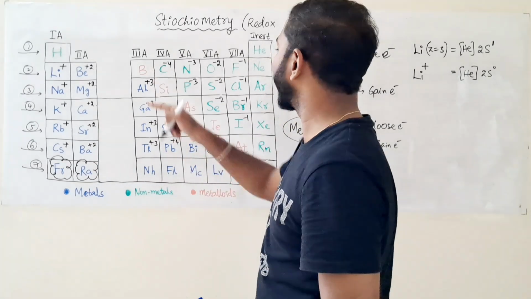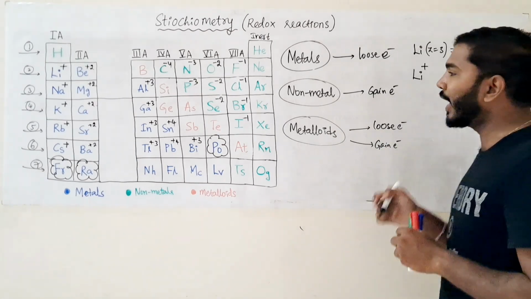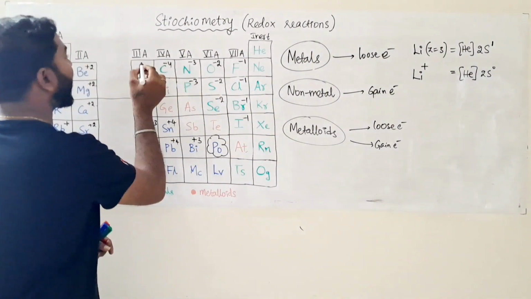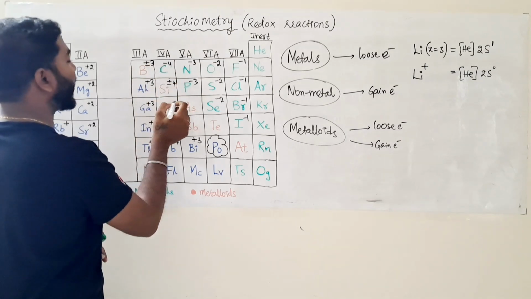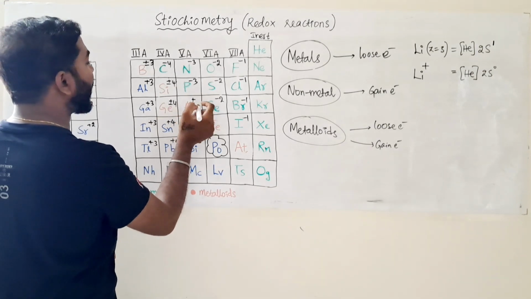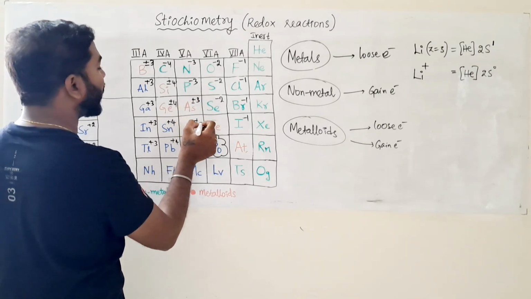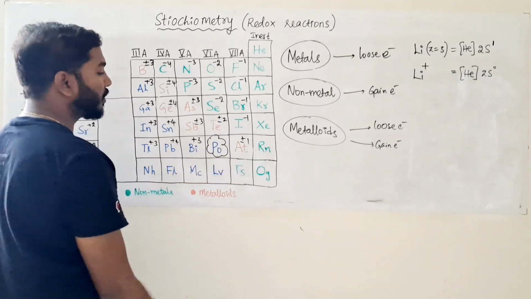When it comes to metalloids, as you can see here, metalloids can lose or gain. Keeping that point in mind, boron can have ±3, silicon can have ±4, germanium can have ±4, arsenic will have ±3, antimony will have ±3, here ±2, here ±1.